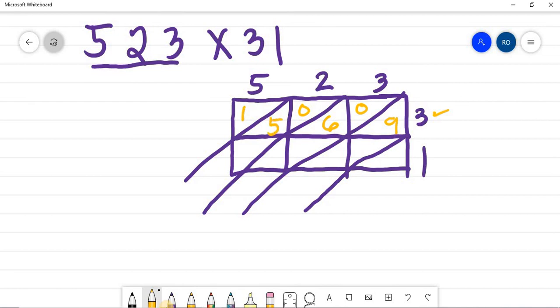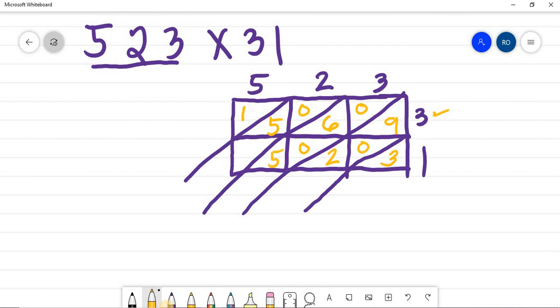Now let's have 1. Of course, when you multiply a number by 1, the answer is the number itself. So we have 1 times 3 is 3. Again, our answer is a single digit, so we have to write 0 here. 1 times 2 is 2. And 1 times 5 is 5.